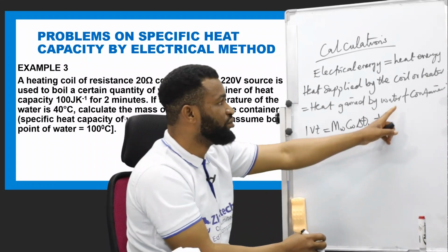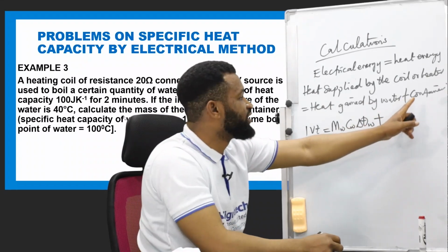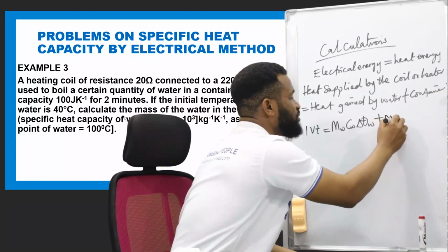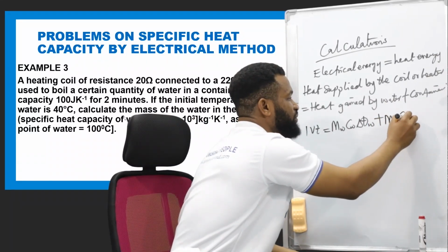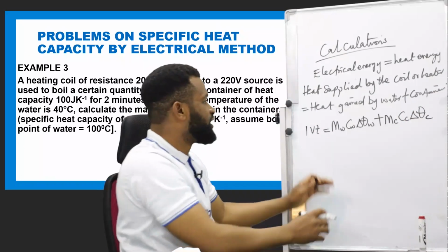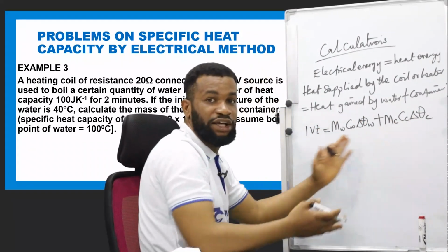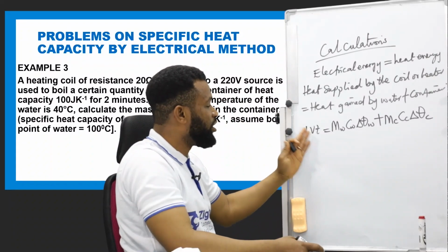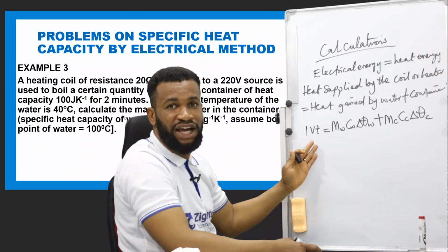So I'm also going to do another one, which is heat gained by the container. And that is going to be the mass of the container, specific heat capacity of the container, and change in temperature of the container. And these two are equal to the electrical energy supplied by the heater.